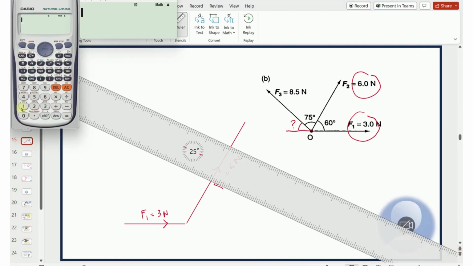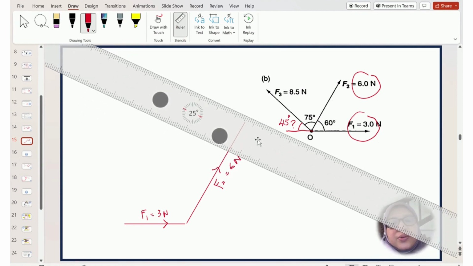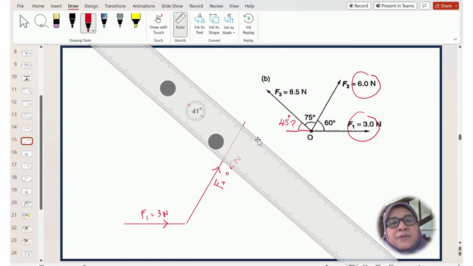Use calculator. 180 is a straight line, so minus 75, and then minus 60. So 45 degrees. That means the angle here is 45 degrees. So you turn the ruler until 45 degrees.